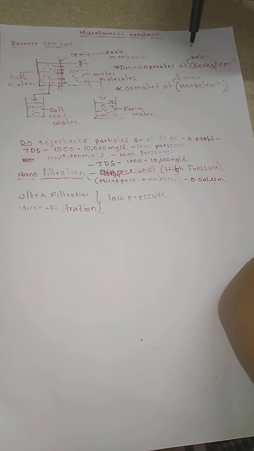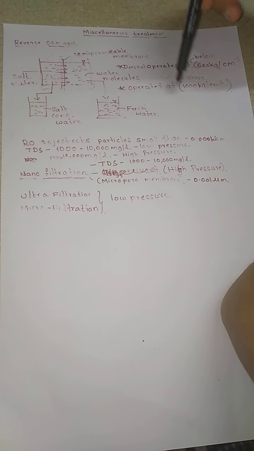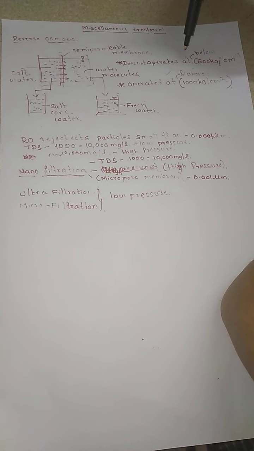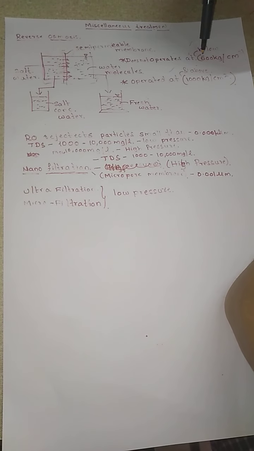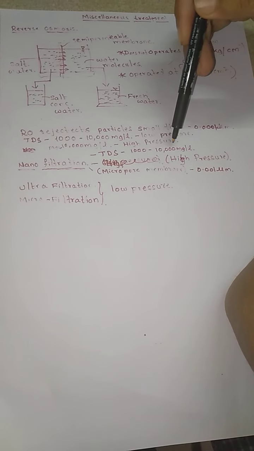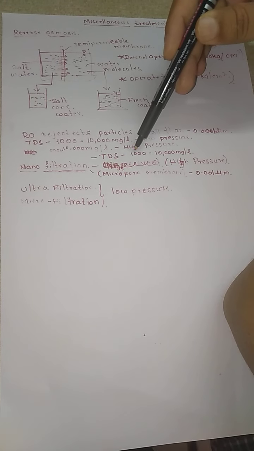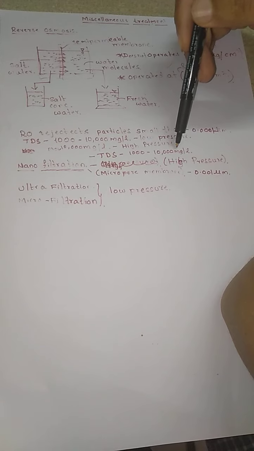So we call it low pressure reverse osmosis and high pressure reverse osmosis, and we can utilize this to treat water of around 1000 mg per liter to 10,000 mg per liter.